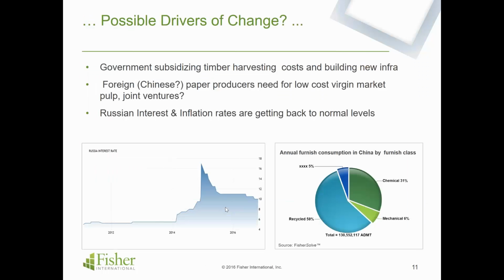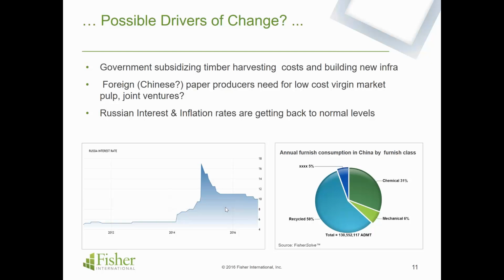So the government can subsidize timber harvesting cost, stumpage cost, and build new infrastructure to support these investments, and Chinese or other foreign partners may come and do joint ventures.